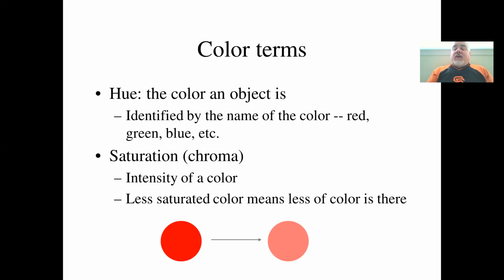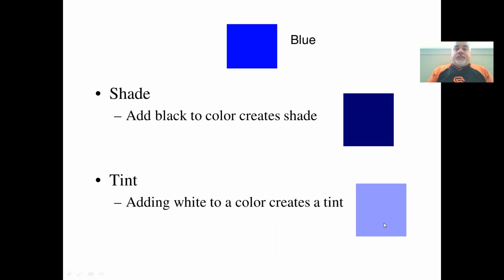And if I have very little of it, I can approach black, depending on the saturation level or chroma level. There's also the shade. The shade is adding black. And the tint is adding white.